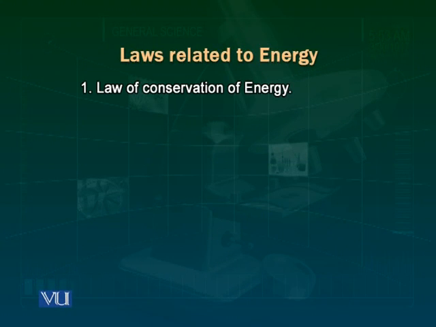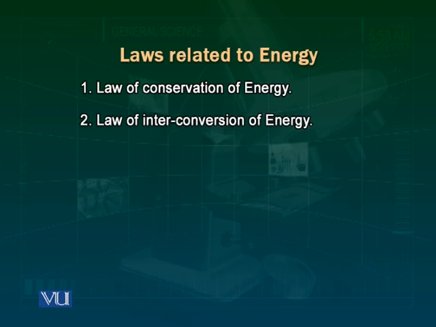Now we have looked at the laws or the rules which are governing the conversion of energy. There are two rules which govern the conversion of one form of energy into another. One is the law of conservation of energy. In other words, energy is conserved, that is, the total energy has to remain the same.